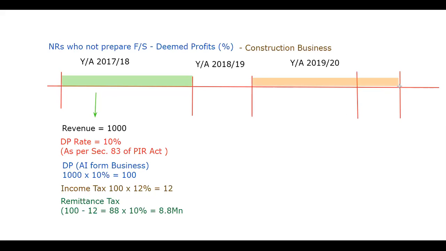If it took the entire year, for this period we have the normal previous law, and for this 3-month period we have different rates. Under the previous law, the construction industry had different rates. Now we are having different rates.